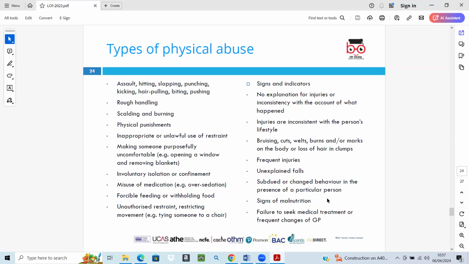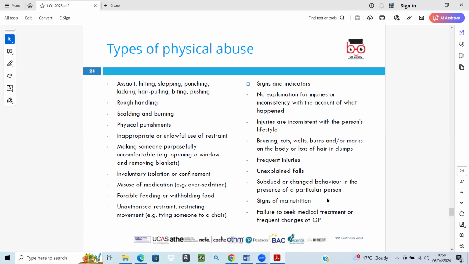Mostly, for example, if we are working in a care home which has in-house children, we might have those issues as well. And sometimes, when we visit some service user at their home, we may see these sort of issues.